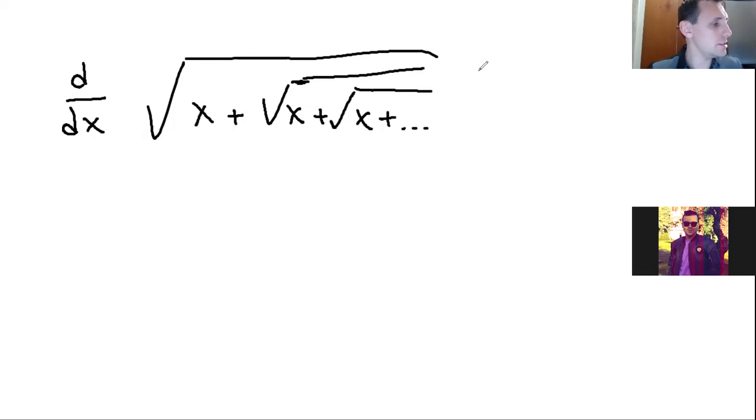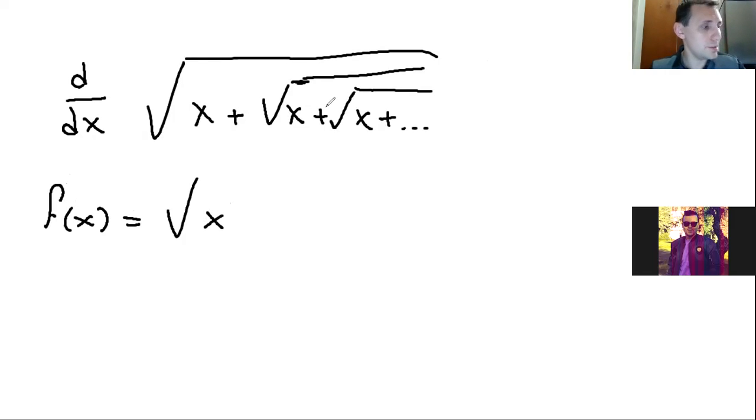All right, guys, here is the hint. F of x we can think of as equal to root of x plus itself, and because it's infinite, everything we see thereafter is identical.